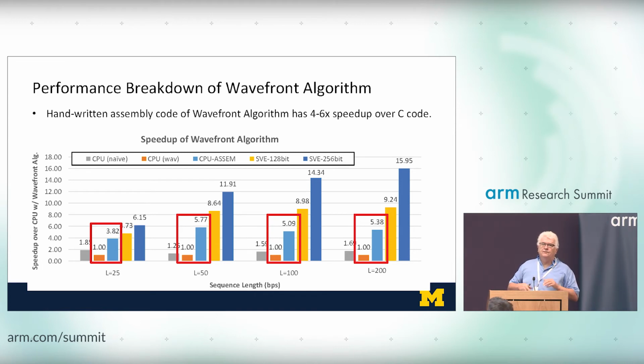It's about a 50-line program, the kernel of it. So what we should really be comparing our speedups to, in the case of sequence lengths of 25, 50, and 100, are these numbers here, 3.8, 5.7, and so forth.